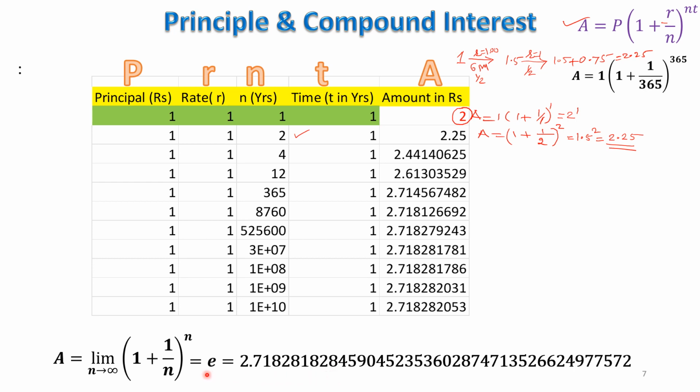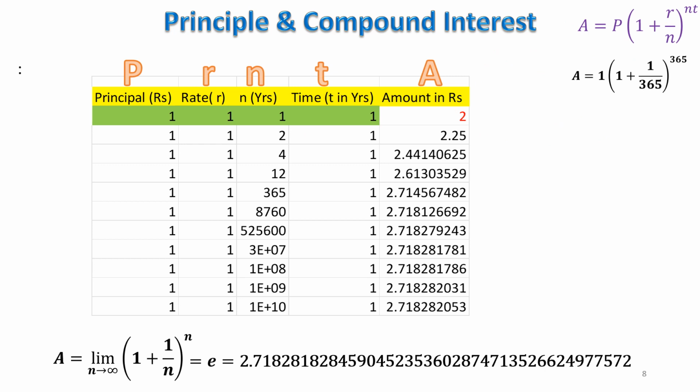This number is called Euler's number, E, and this is the exponential E. E is the maximum possible result after continuously compounding 100% growth over one time period, that is 1 year.